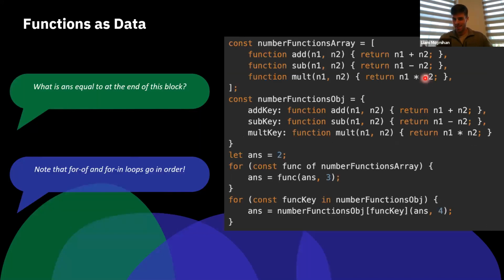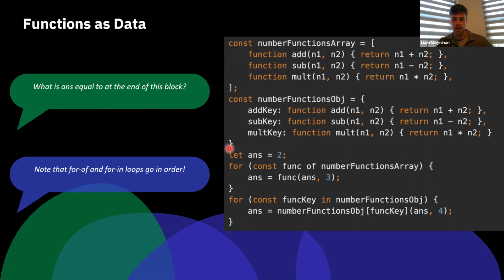This slide looks intimidating, but it's not actually that bad once we look at it. We're just showing that functions can also be stored in arrays or in objects. So here we can see we have an array of functions that add 2 numbers, subtract 2 numbers, and multiply 2 numbers. We then have an object that has essentially the same things with an add key, a sub key, and a mult key.